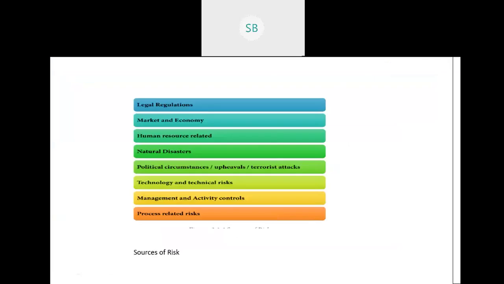Here we have seen, first of all, the sources of risk. In the previous classes, we know that risk comes from 2 sources. First is the internal risk, and the second is the external risk. External risk comes from natural disasters, political change, or technology and technical risk.